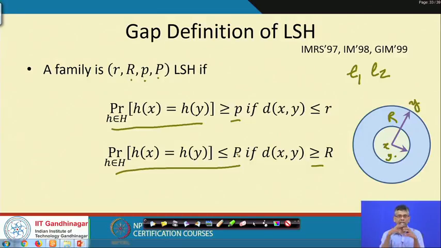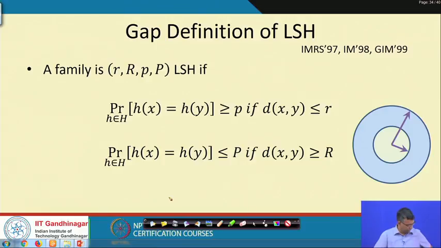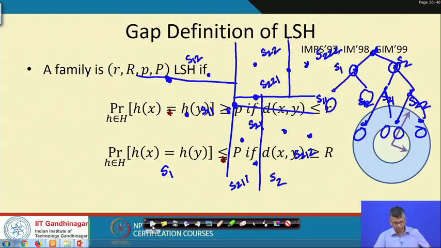We have a smaller radius, and a bigger radius which is probably a constant fraction of the smaller radius. If the points are closer than the smaller radius, then we want to have a high probability of collision. If the points are farther apart than the bigger radius, we want to have a low probability of collision, just these two, that is it. Okay. So, what can we do with this? First of all, why did we need this?